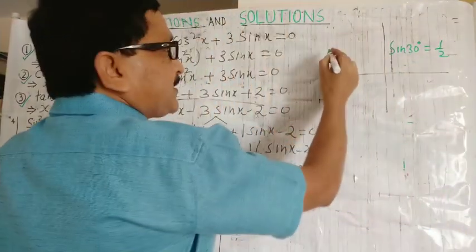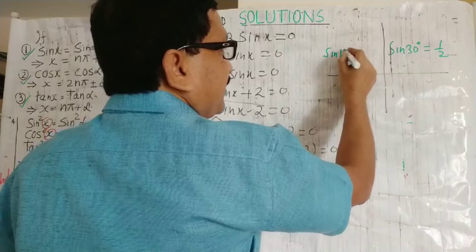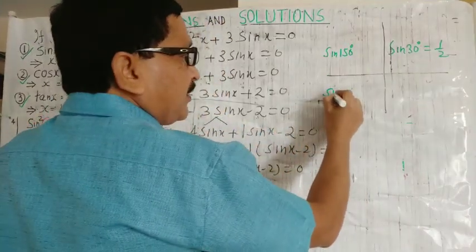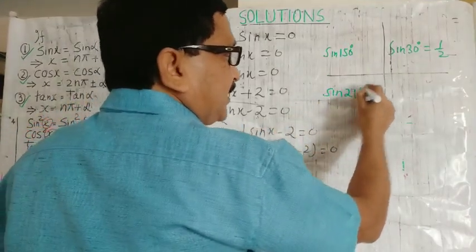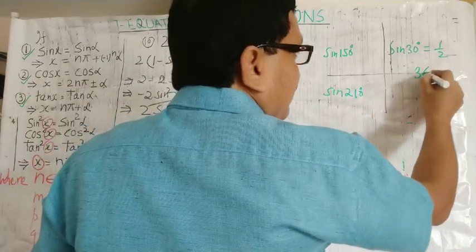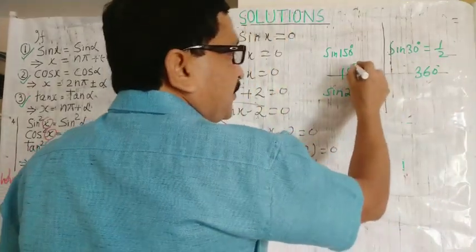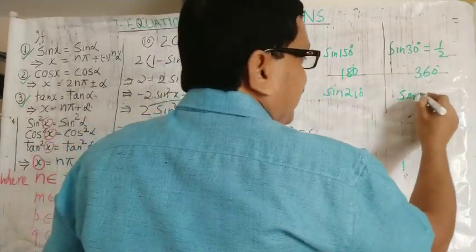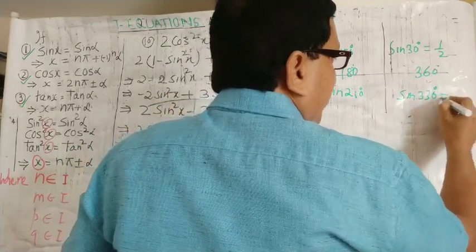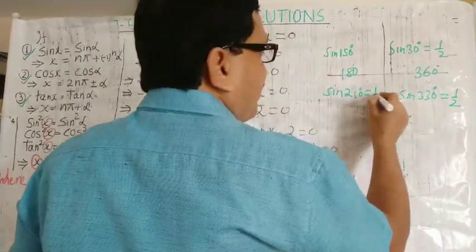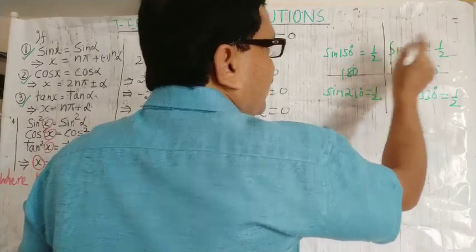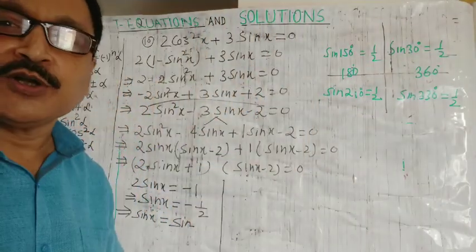Now 30 less than 180, so sine 150. 30 more than 180, sine 210. 30 less than 360, so sine 330. All are positive, all are half. In this way you can recall your previous memory.